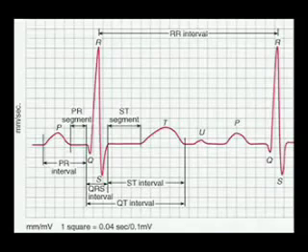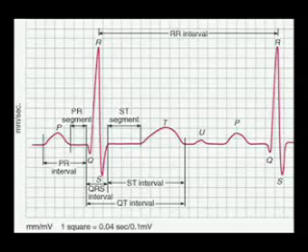Now let us see some of the intervals. These are important because they change in various diseases. For example, PR interval changes in heart blocks, and RR interval changes in bradycardia and tachycardia. RR interval is the interval between two R waves.